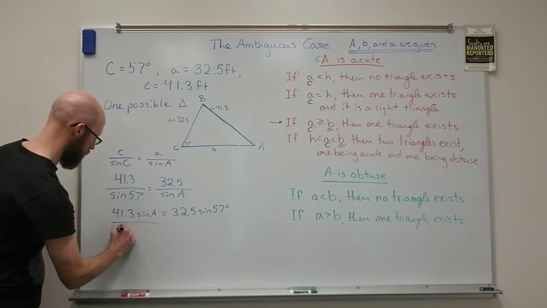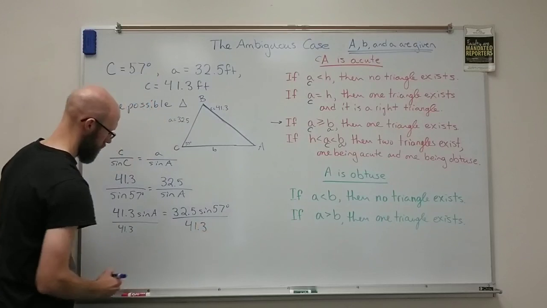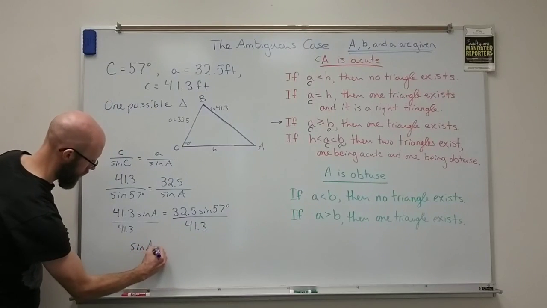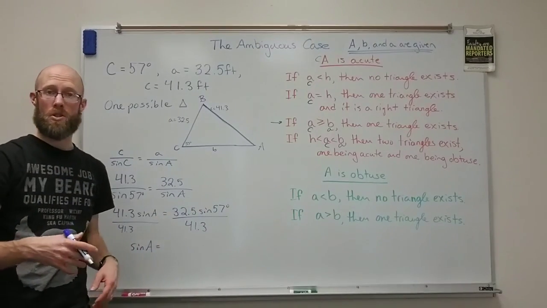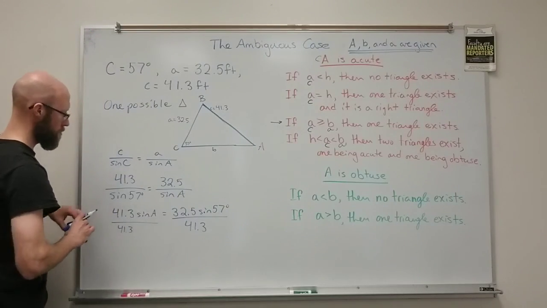Divide out the 41.3. And then I know that the sine of A is going to be this fraction. Actually, I could just solve for A right away and use the inverse sine. I think that's probably the best way to go.